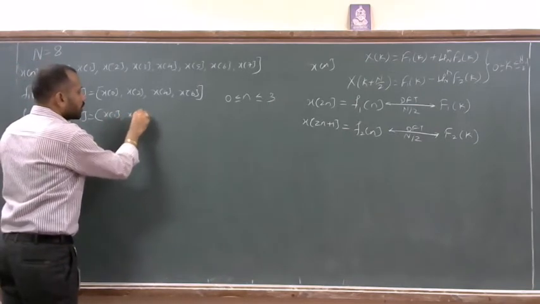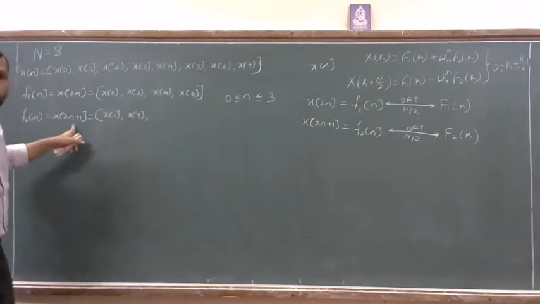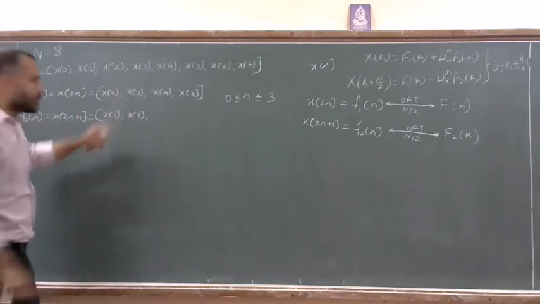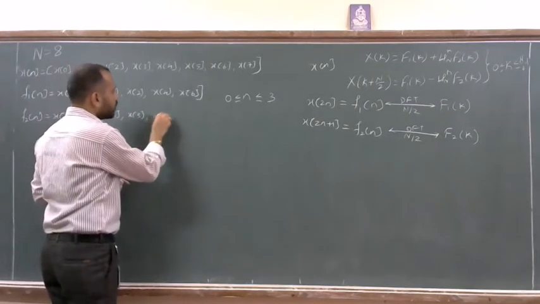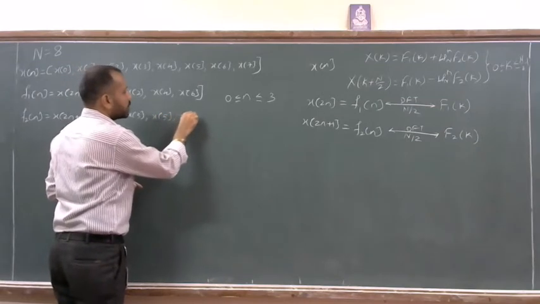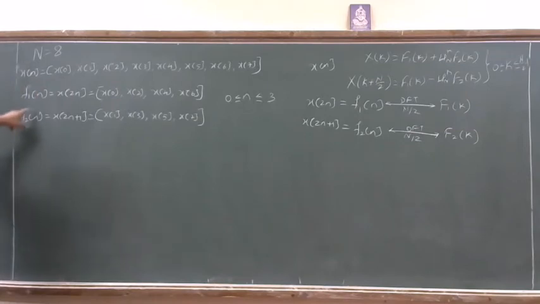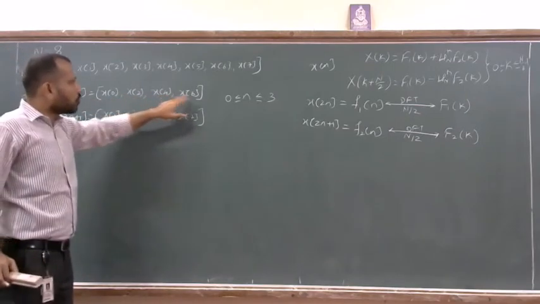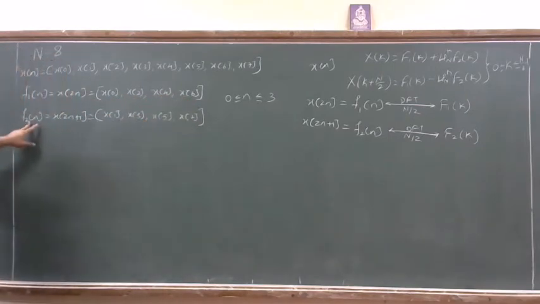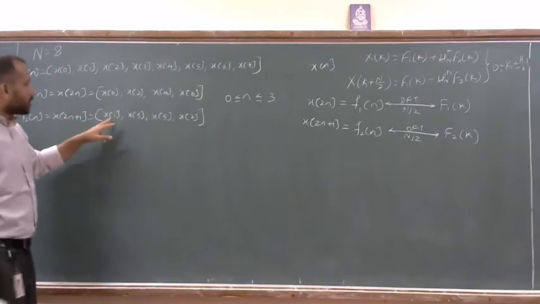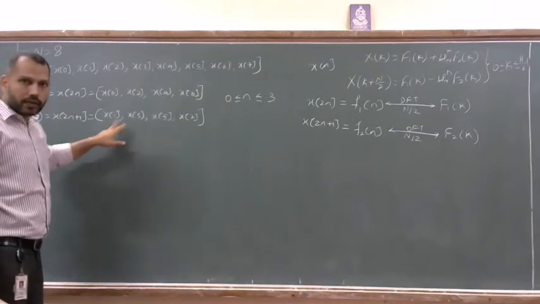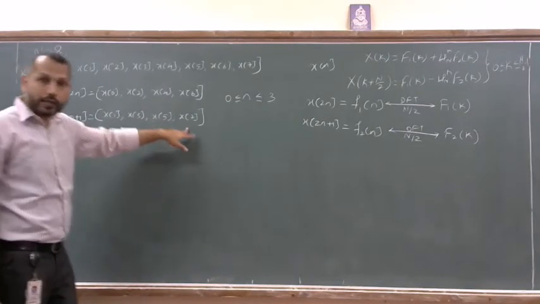X of 3 will be the second odd numbered sample in the sequence. And likewise, the remaining 2 will be x of 5 and the last one x of 7. So, F1 of n, which contains only even numbered samples, are x of 0, x of 2, x of 4, x of 6. F2 of n, which contains only odd numbered samples, are x of 1, x of 3, x of 5, and x of 7.